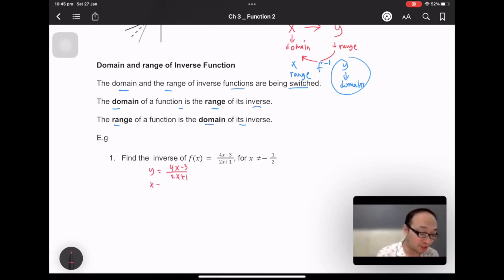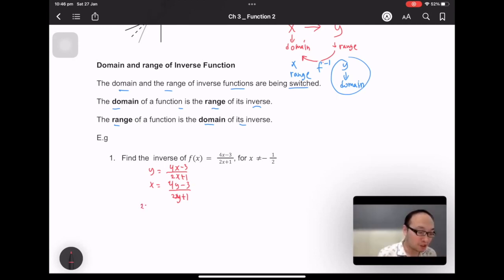So x equals 4y minus 3 over 2y plus 1. Now we make y the subject. So we collect y at one side, on the left. I can just do the cross multiply.